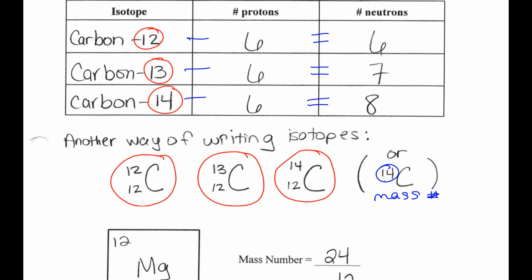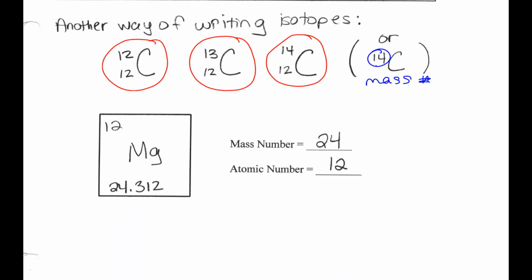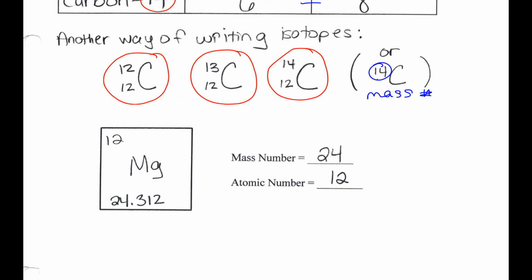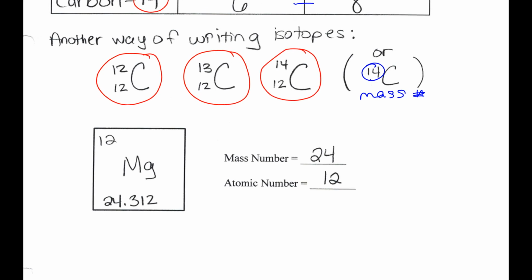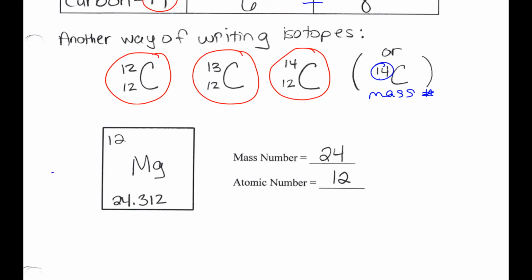Okay, so now on the periodic table, you'll see something in a block, of course. And that block has a few things in it. You'll always see the symbol. This is the element's symbol right here. The atomic number is at the top.